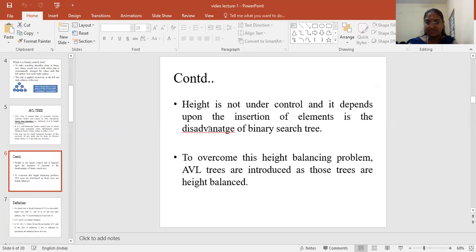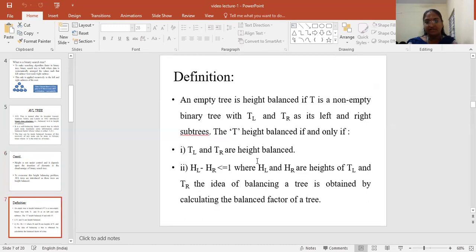Because of that, we don't have any control on the heights. To have control on the heights, we come to the AVL tree. To overcome this height balancing problem, AVL trees are introduced, as those trees are height balanced. How it will be height balanced, we'll check.